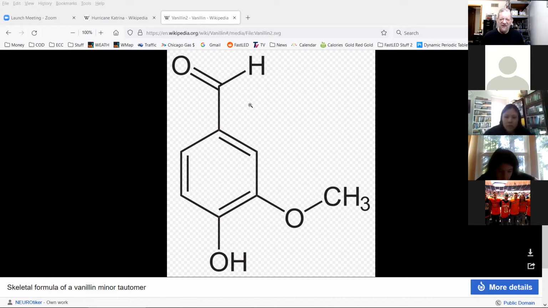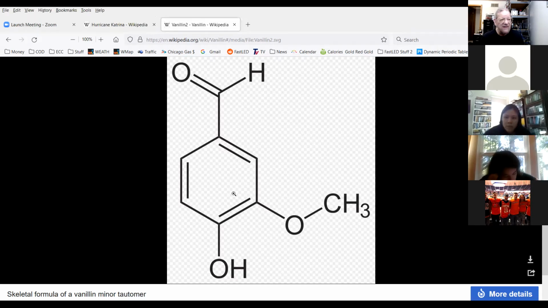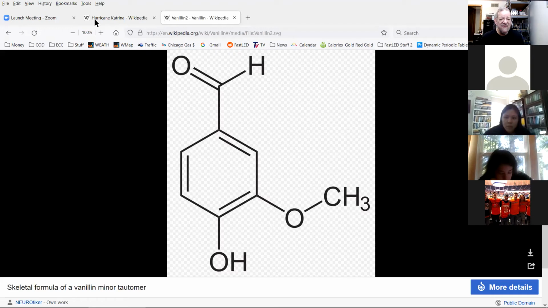Now I read somewhere, because of bad weather or whatever, the price of the best, which is Madagascar double strength vanillin, has been zooming real high. And let's find out if that's true.